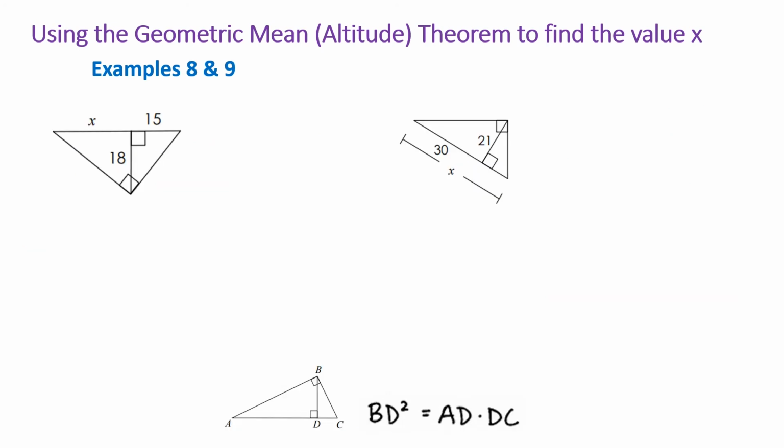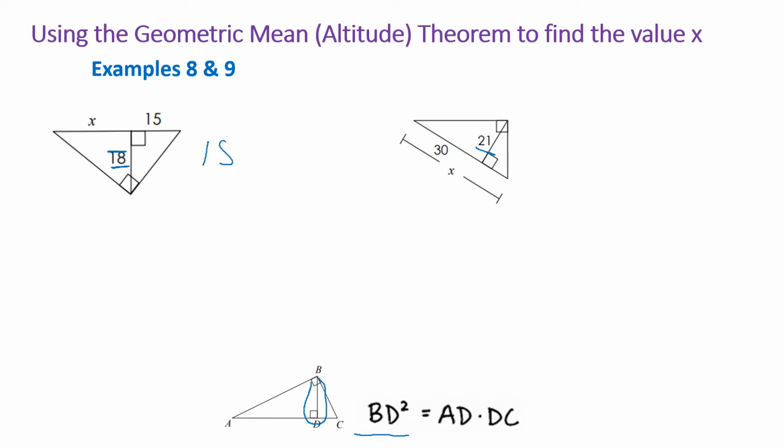Let's take a look at these two examples here. If we notice, our altitudes are given. We have 18 here for our altitude and 21 here. But we could still use the geometric mean altitude theorem. In this case, BD, our altitude, would be 18.